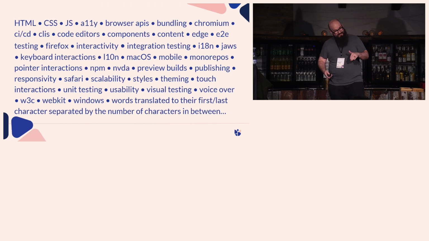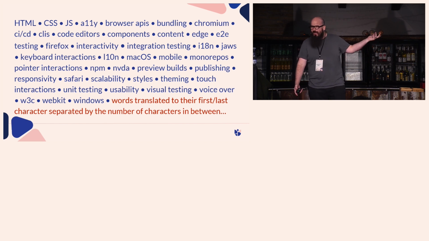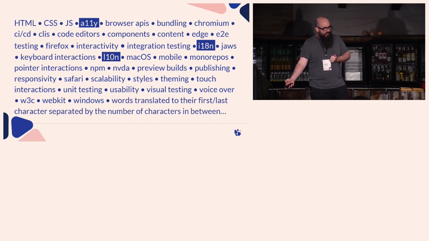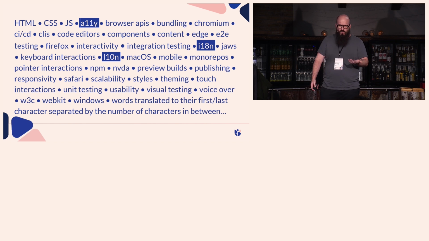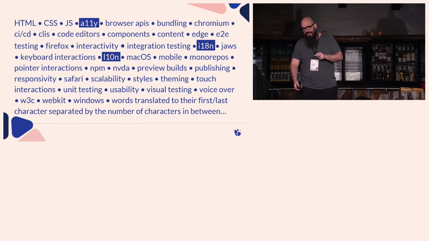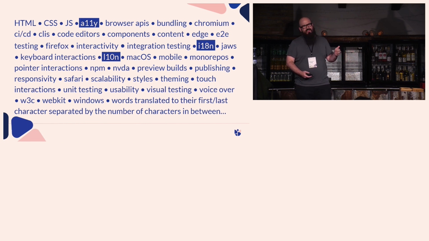Many of these things are not even technical contexts. We make up our own non-coding languages just to talk to each other about some of the work that we do. Here you see the usage of that for accessibility, a11y, or internationalization, i18n, or localization, l10n.